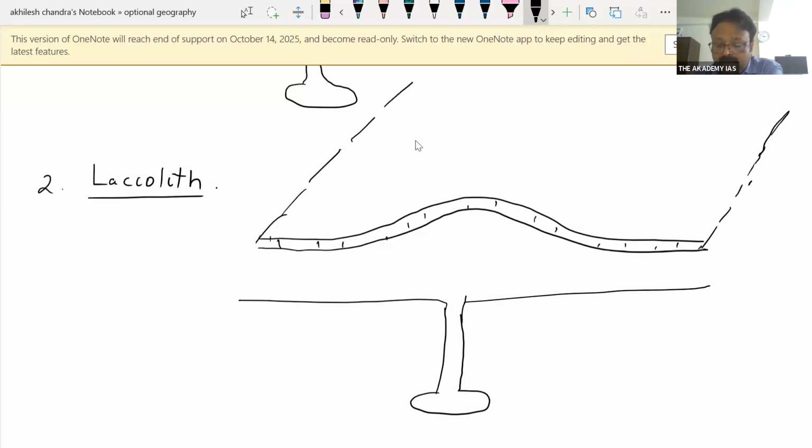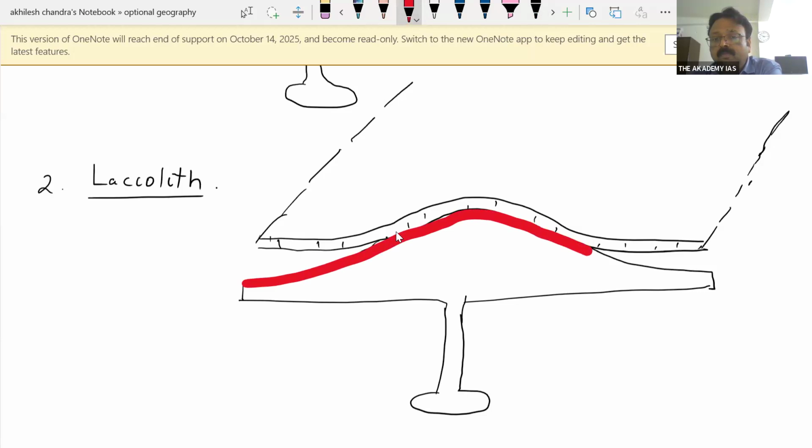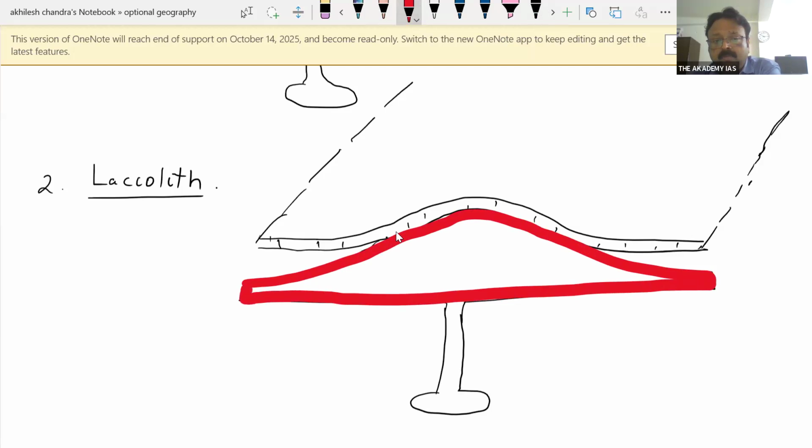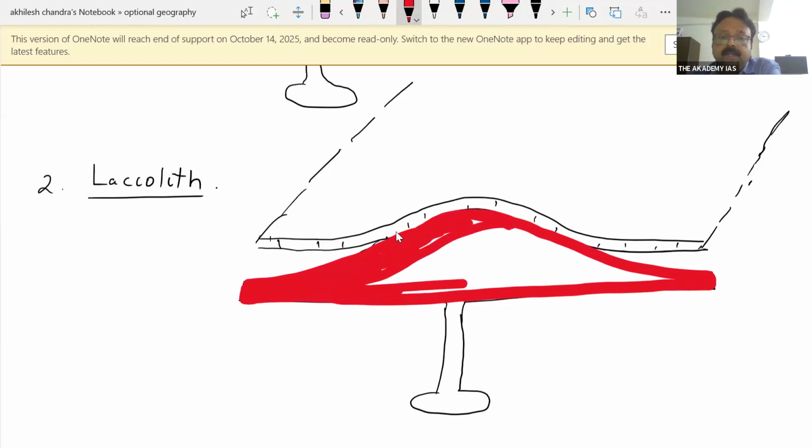There is a solidification of magma, and this solidification looks like this. So this is the solidified magma. And due to this kind of solidification, dome-shaped solidification, the crustal rocks get lifted up.